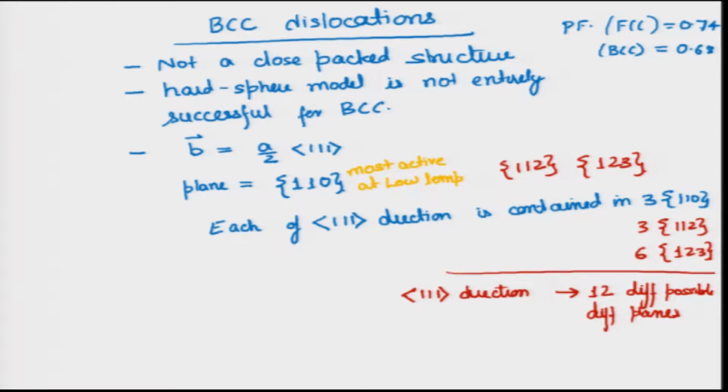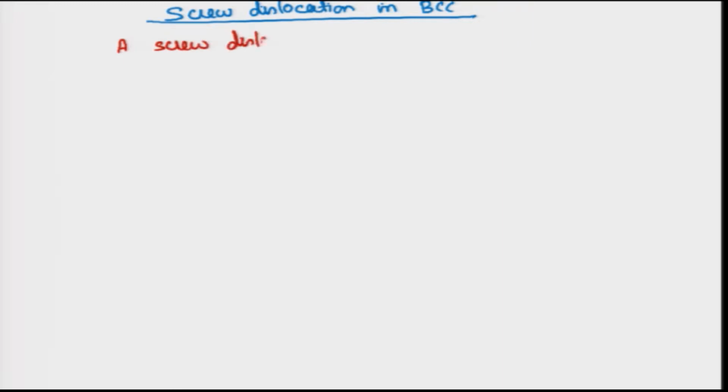Now, the edge dislocation does not leave the plane, but a screw dislocation we know can leave the plane, and therefore let me talk a little bit about the screw dislocation. From what we saw just now, what should be the Burgers vector?